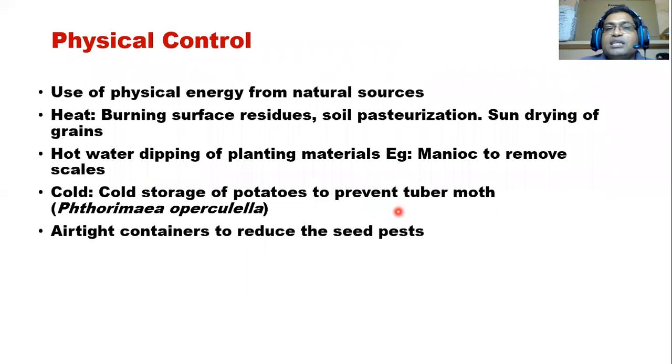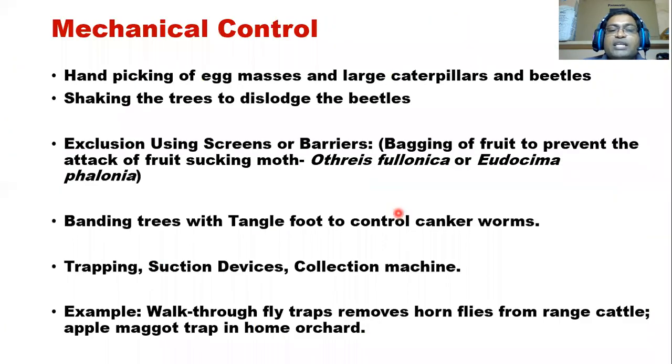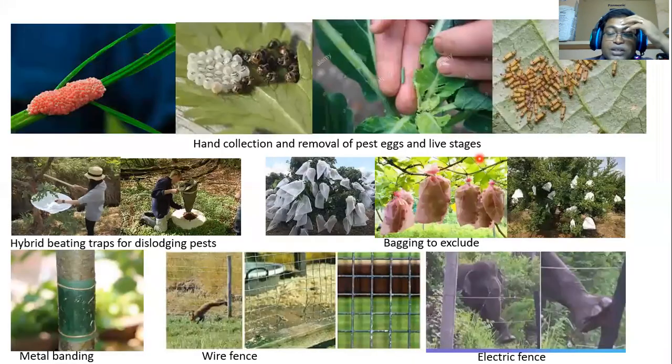So these are the mechanical ways to minimize the pest attack. Other than this mechanical method, they are also using different noises, especially to chase monkeys, like dingo dog sounds.